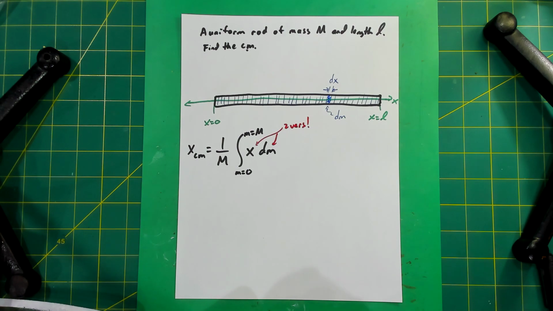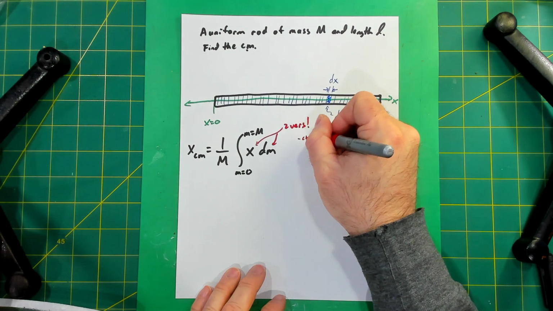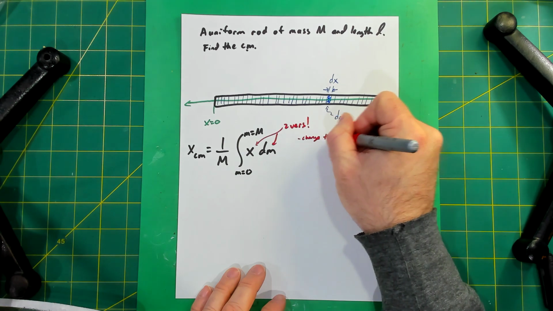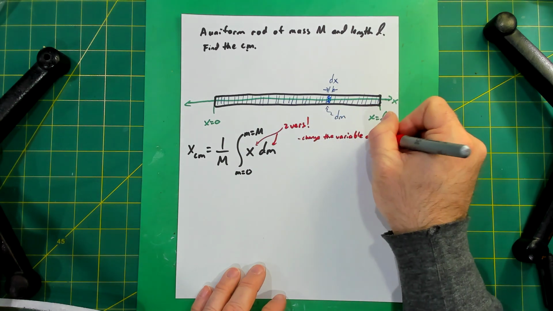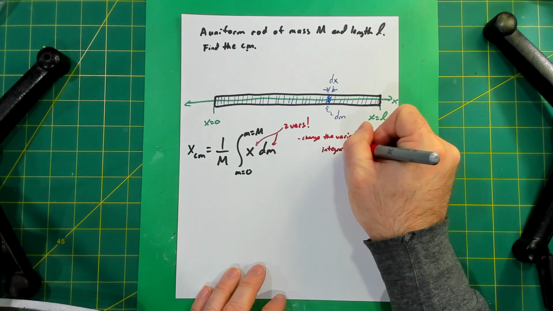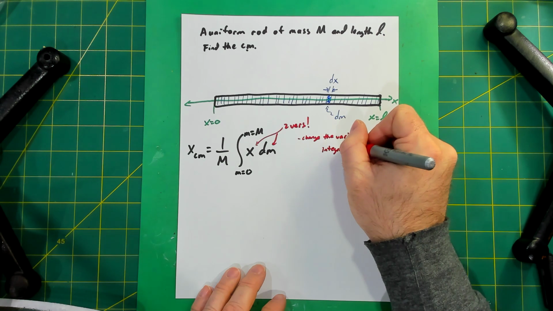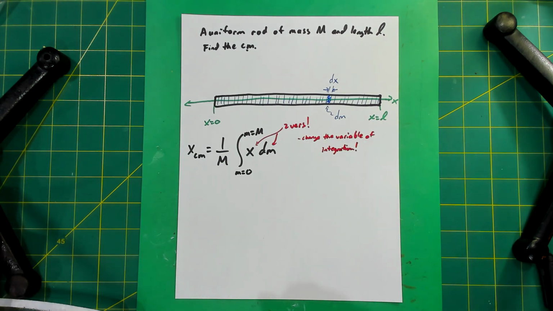So what we're going to do is change the variable of integration. I need this to be in terms of just one variable, not two.